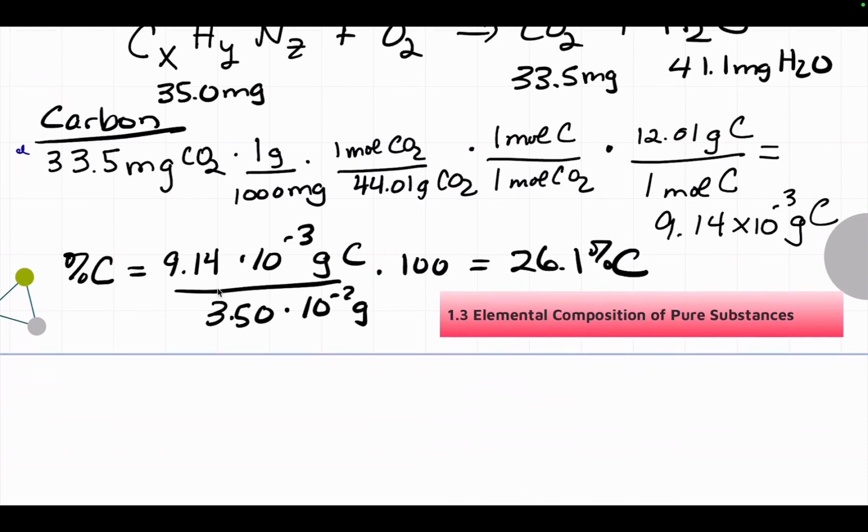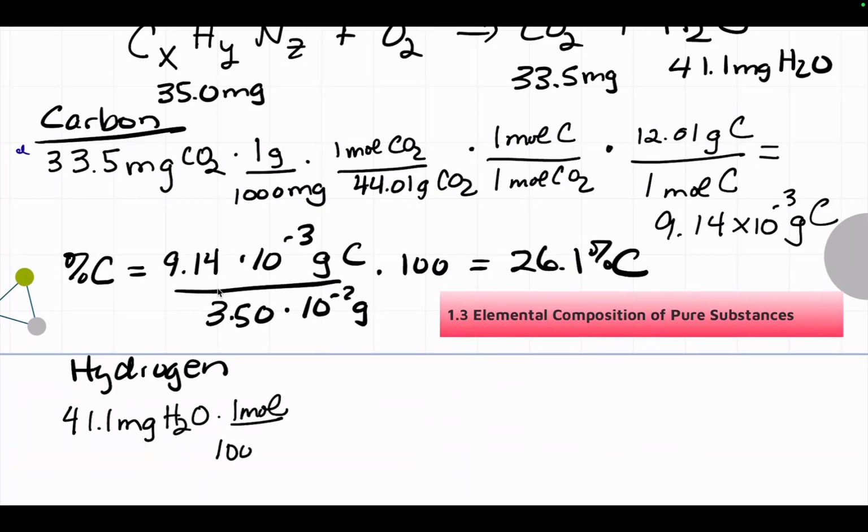Now let's do our hydrogen calculation, assuming all of the hydrogen in the water came from the original compound. I start with my 41.1 milligrams of water. Oops, I'm going too fast. First, I've got to get into grams, and you don't have to show this if you don't want to, but I like to.